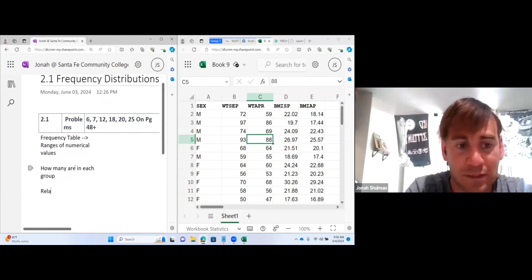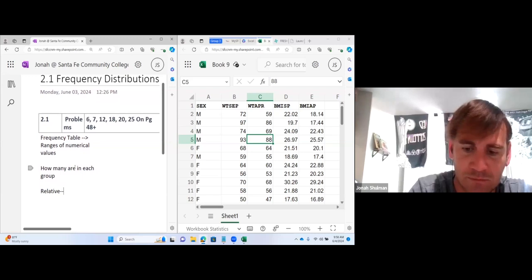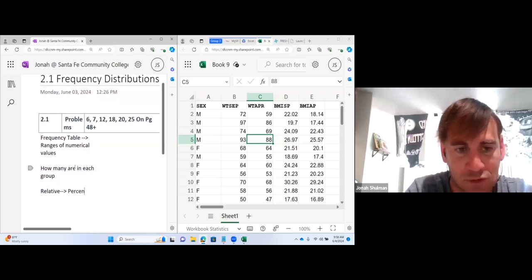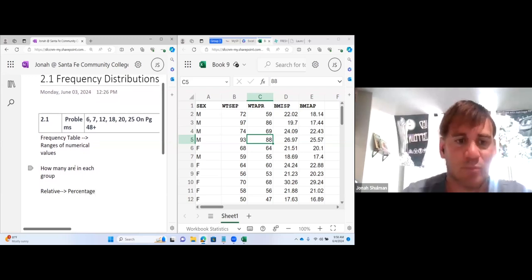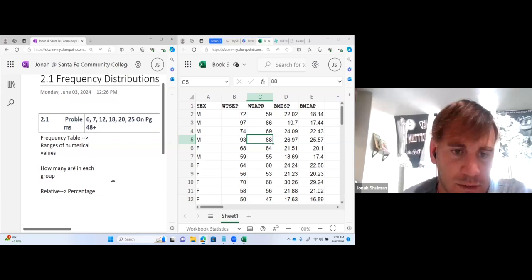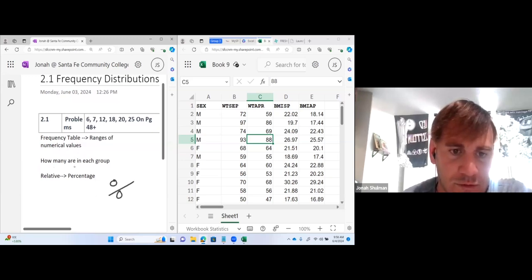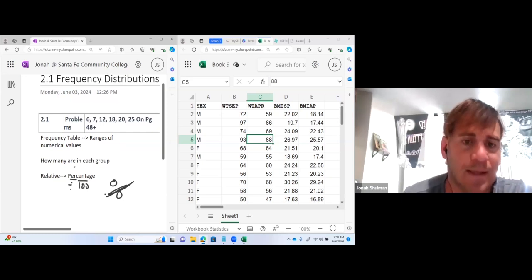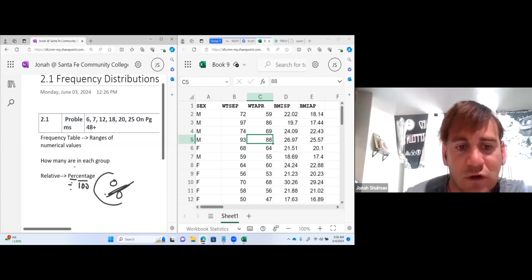And when they say relative, that means we have to do the percentage of each. Remember, when they say percentage, they just mean divided by. This word means divide by, and this word means 100. So the relative frequencies, it's not out of 100 though. It just means the percent out of the group.